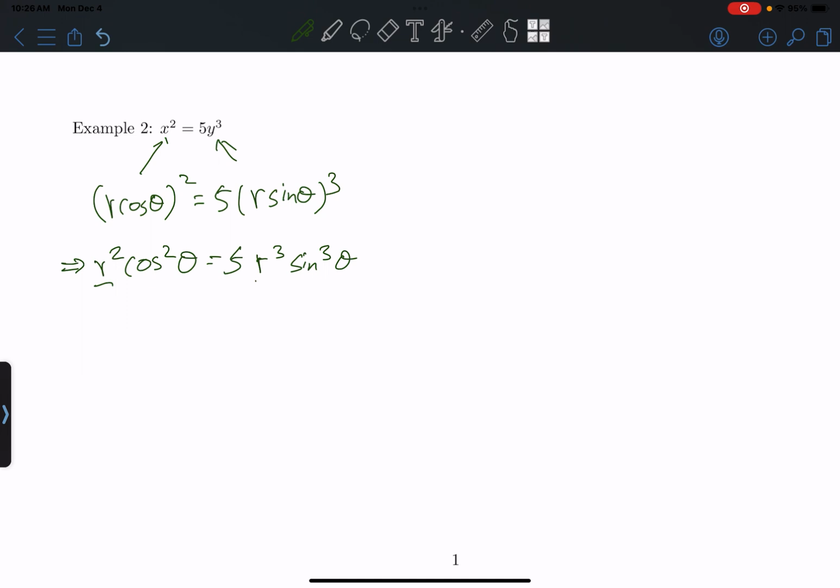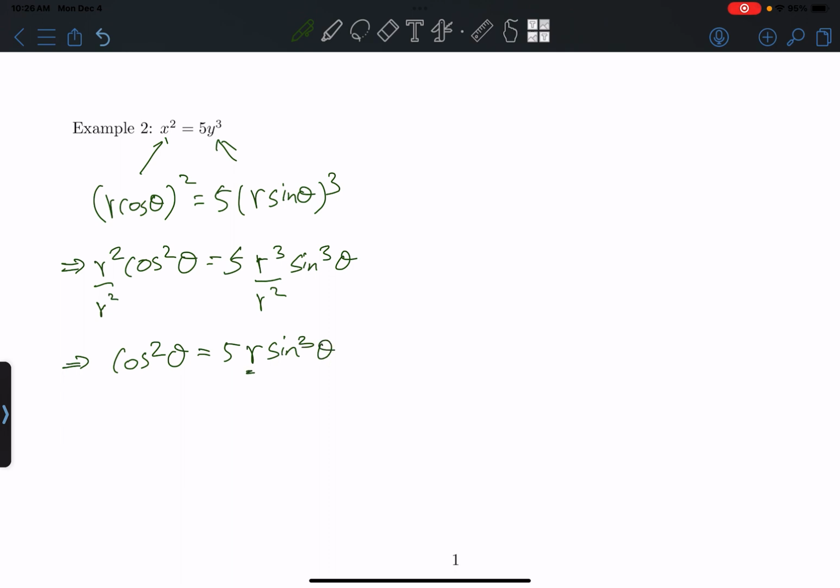Here, I play the same game as before. You typically want to divide out by the lower power of r. So here you get r squared on both sides. Now we got cosine squared theta equals 5r sine cubed theta.